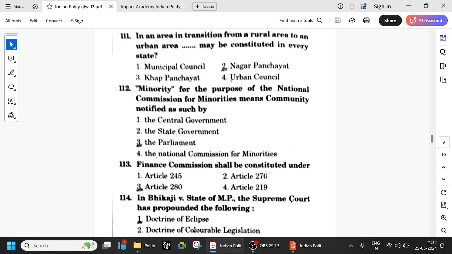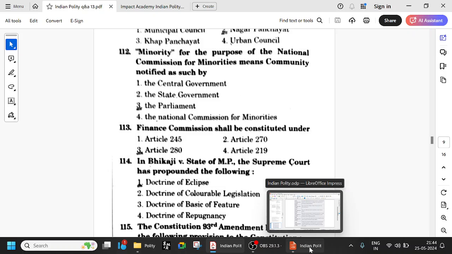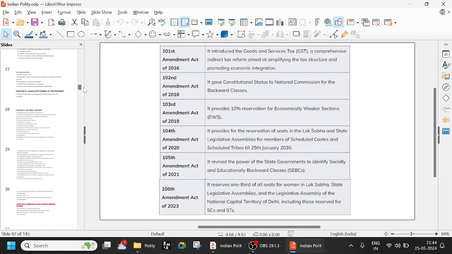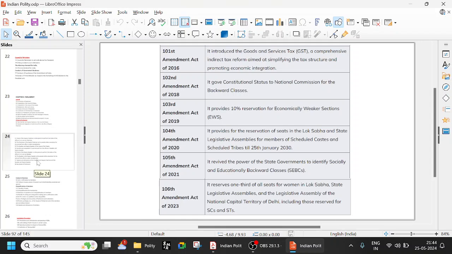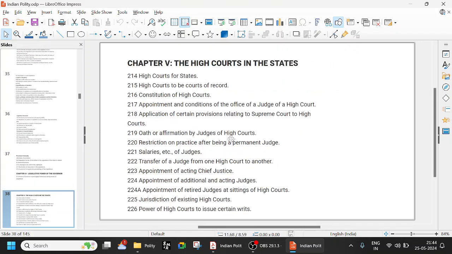Next, Finance Commission shall be constituted under Article 280. Very, very important. So 280, 245, 219 and 270. Let us first look at 219. What is 219? Oath or affirmation by judges of High Court. So basically you have to remember 214, High Court.